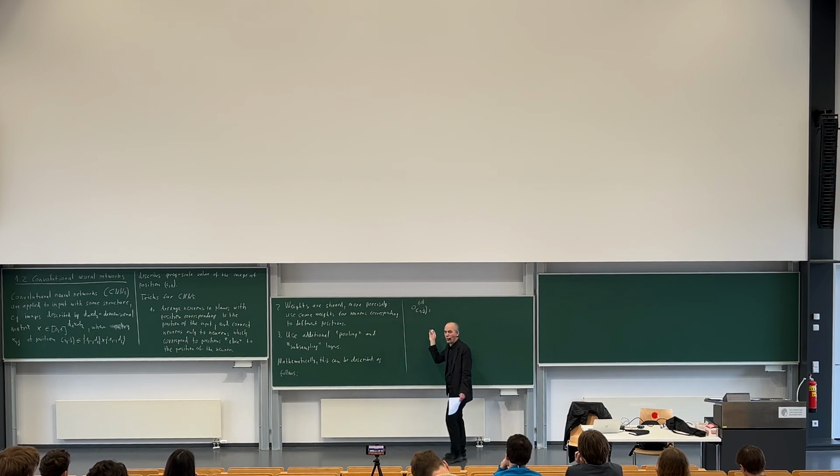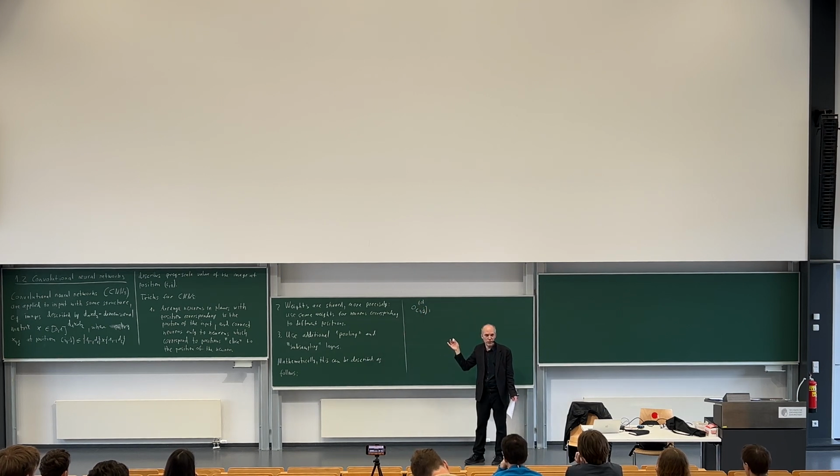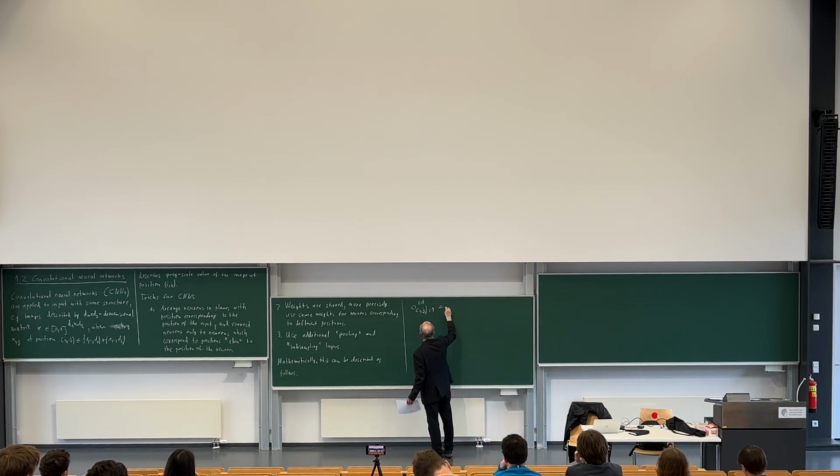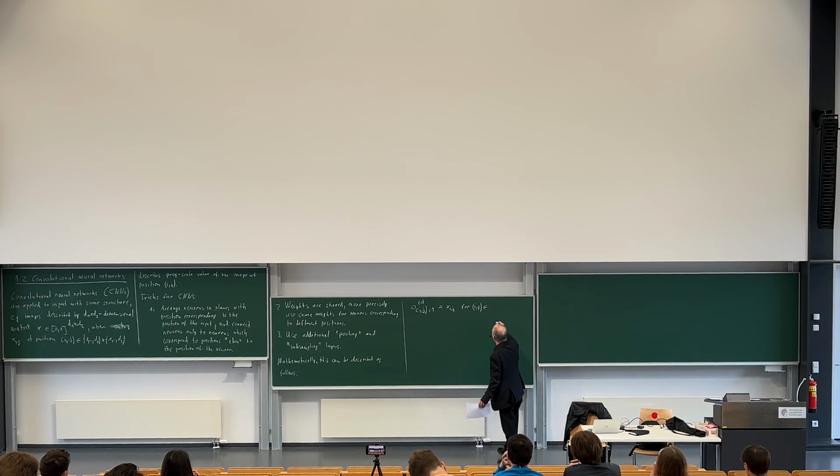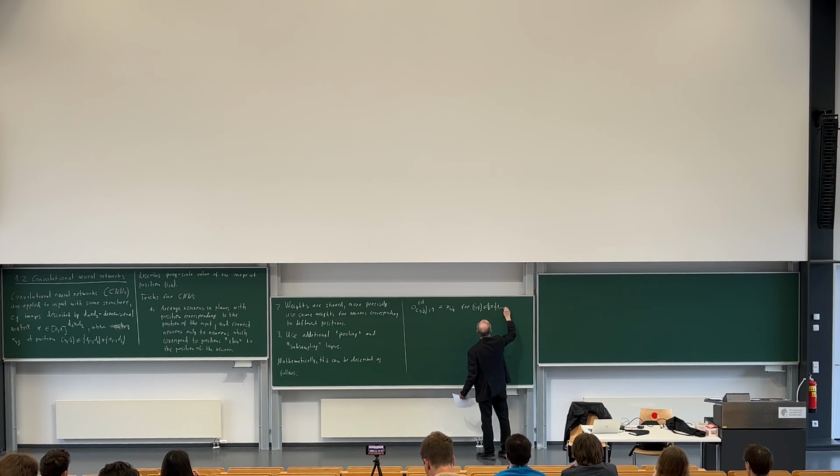And I have several neurons for each position, but of course for the input I have just one neuron. And that's my x_ij. And my ij is in a set of indices, that's d1 times d2.